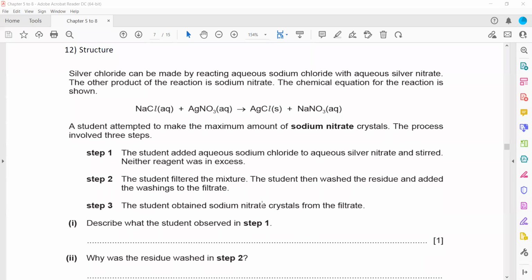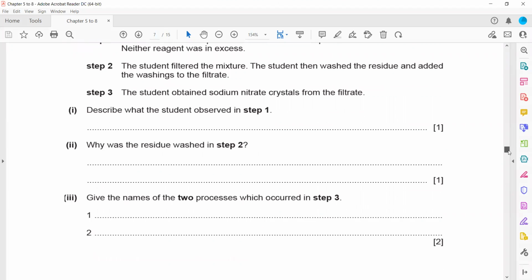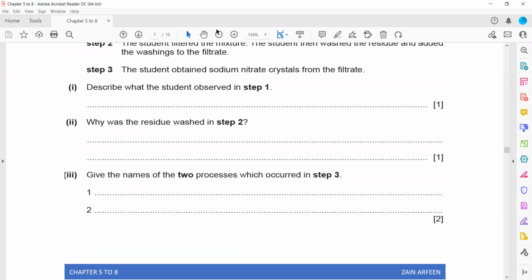So what was the reason why we washed the residue? Just to remove the sodium nitrate from the silver chloride.